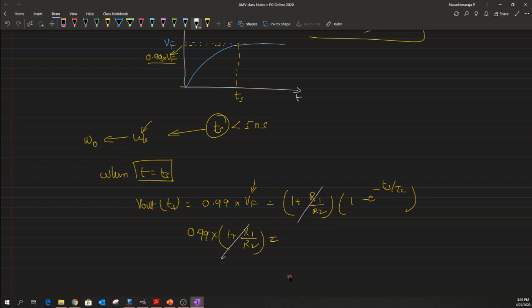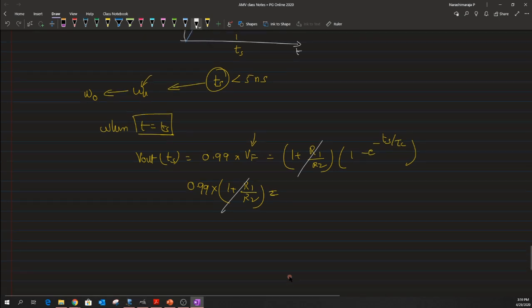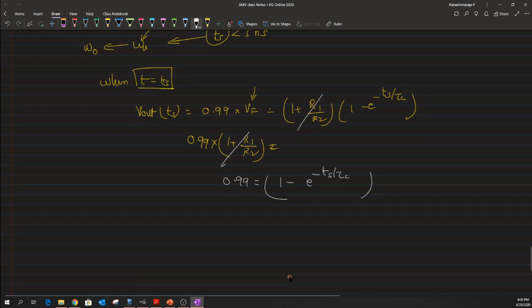So in this case the 1 plus r1 by r2 is a common term, and we end up having 0.99 equal to 1 minus e to the power of minus ts by tau c. This value would be equal to 0.01 on the left side, ts by tau c, and again we have a negative sign here.